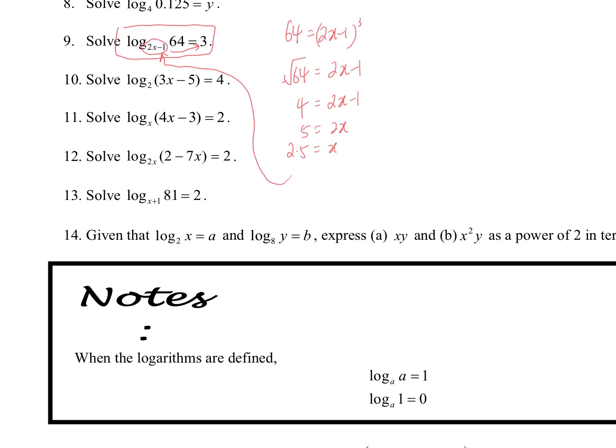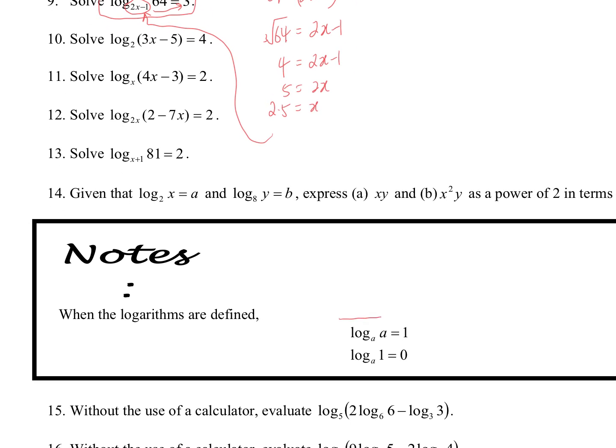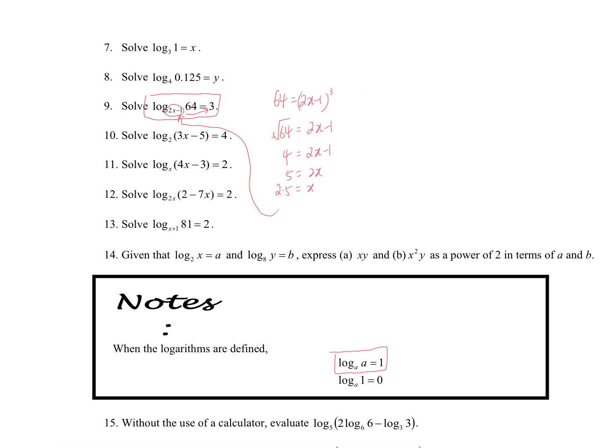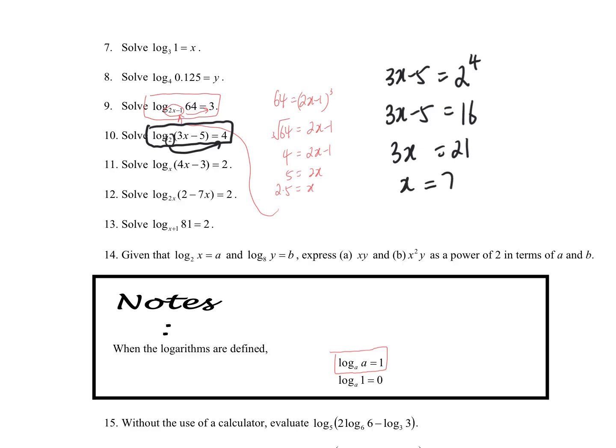Okay, so now what I want to say is this. Just now I told you all, right? Question 10, this one. Base, push it up. So 3x minus 5 is 2 to the power of 4, which is 16. So you solve it. This is 21, so x is 7.